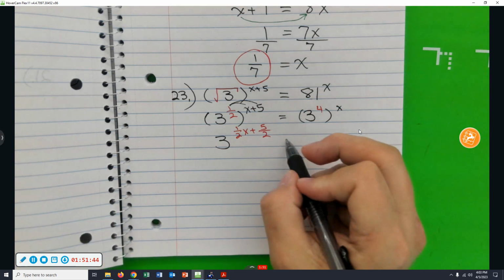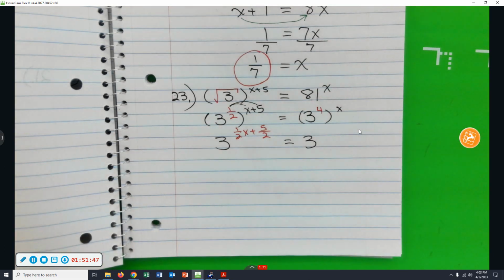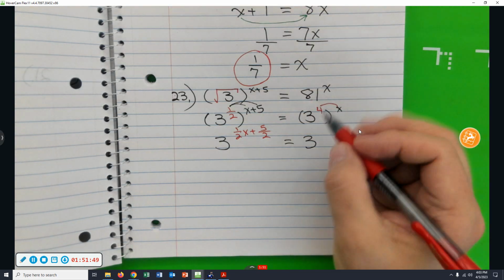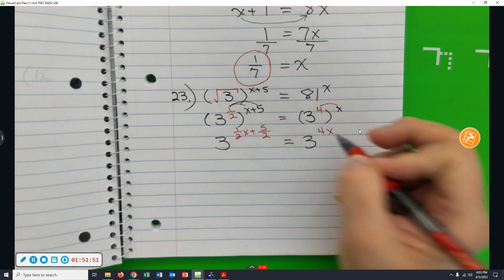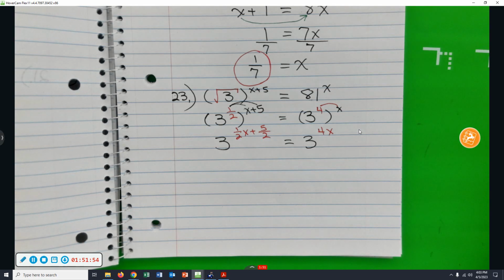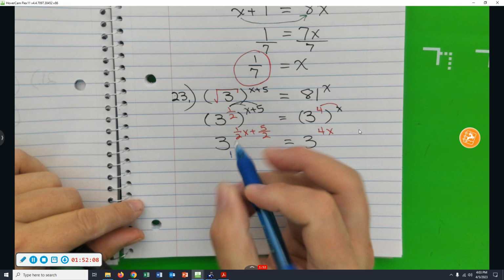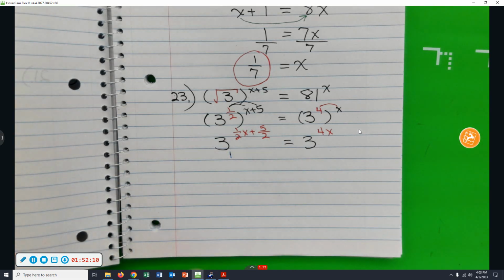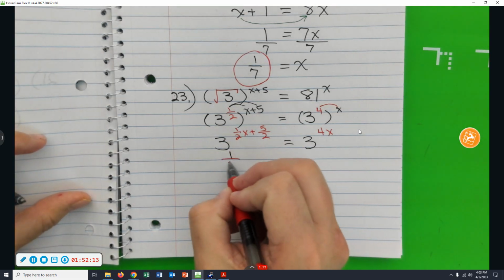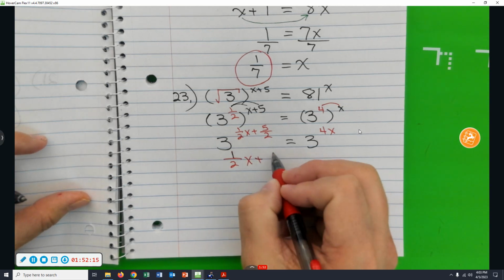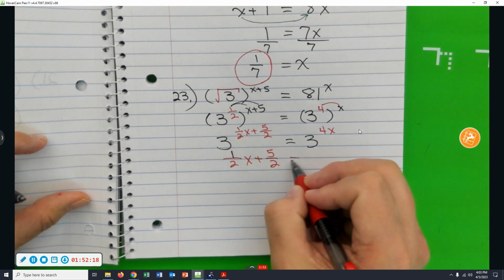Equals 3 to the 4 times x, which is 4x. Then drop the bases, set the exponents equal, so we're going to have 1/2 x plus 5 over 2 is equal to 4x.